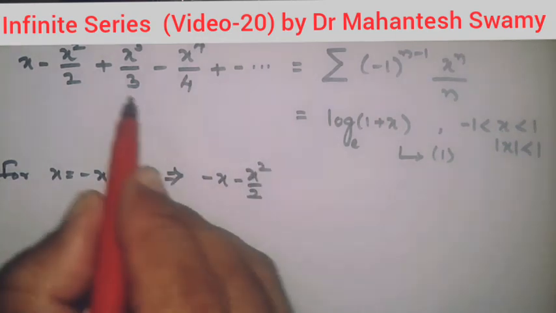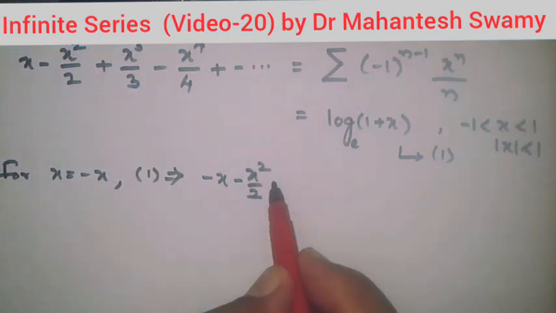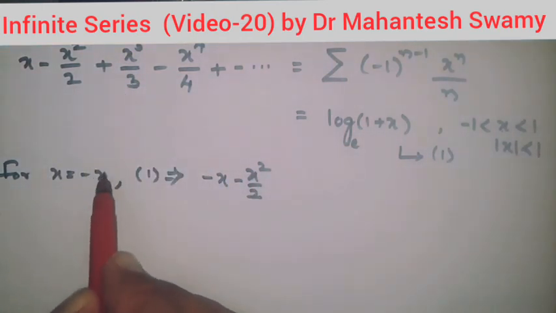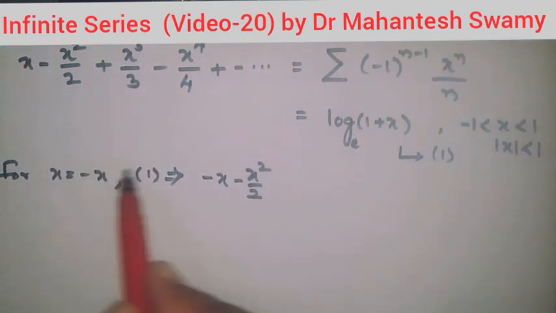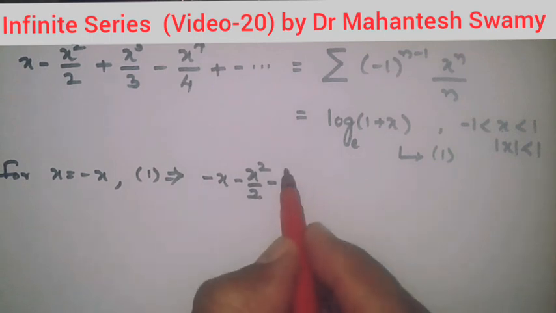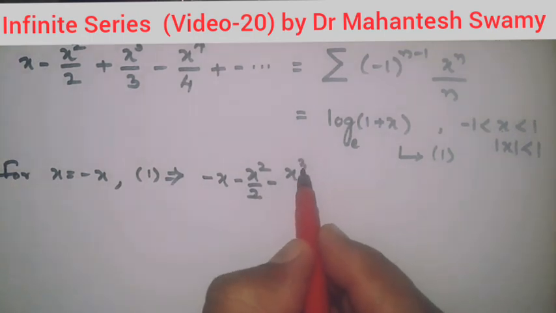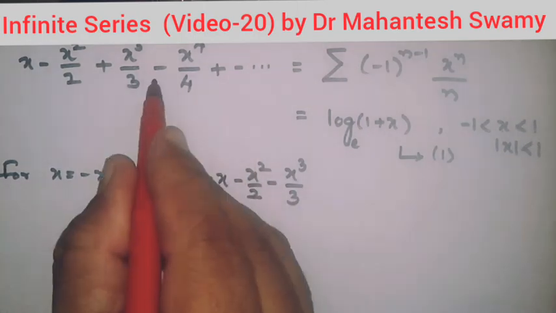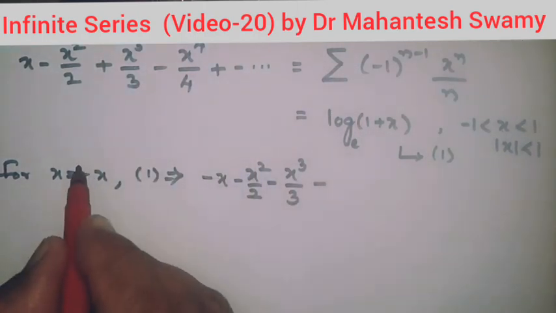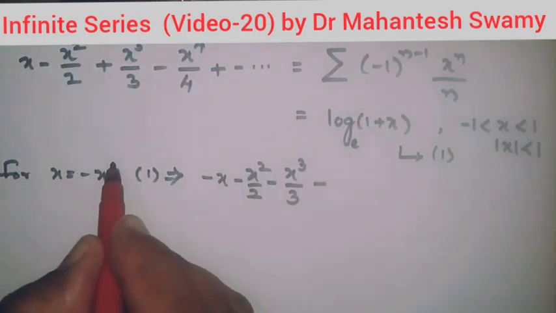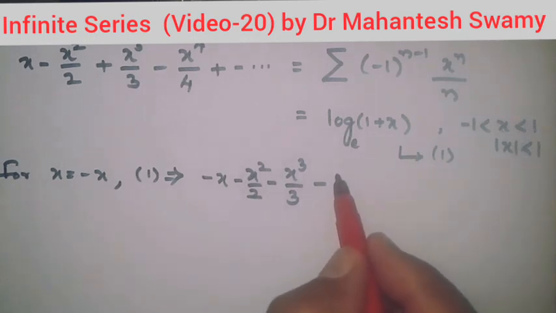Again here is a plus sign, but minus x whole cube will be minus x cube, therefore a minus sign comes over there, minus x cube by 3, and this minus sign as it is, minus x to the power of 4 is again x to the power of 4 by 4.